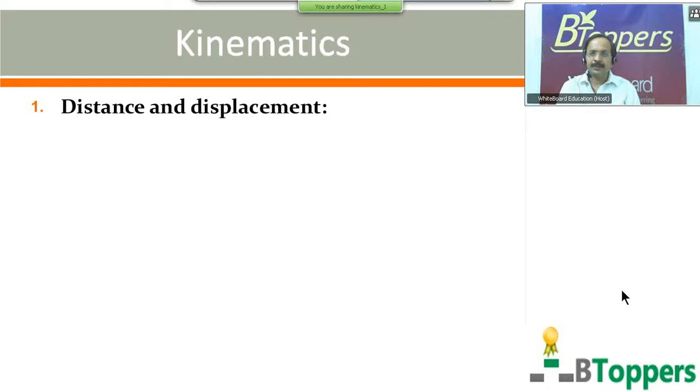But displacement is a vector quantity having both magnitude and direction. The magnitude of the displacement of the particle is defined as the shortest distance between the initial and final positions of the particle. The direction of the displacement of the particle will be taken along the straight line from the initial position to the final position.